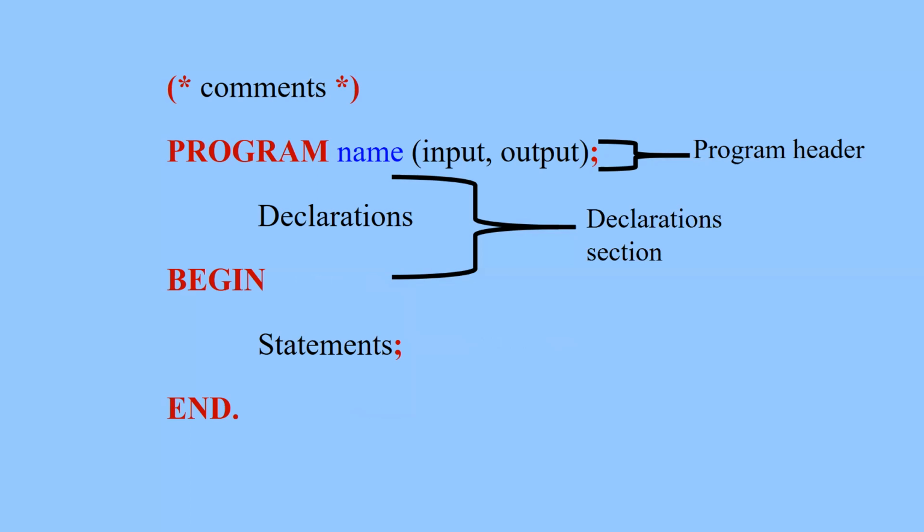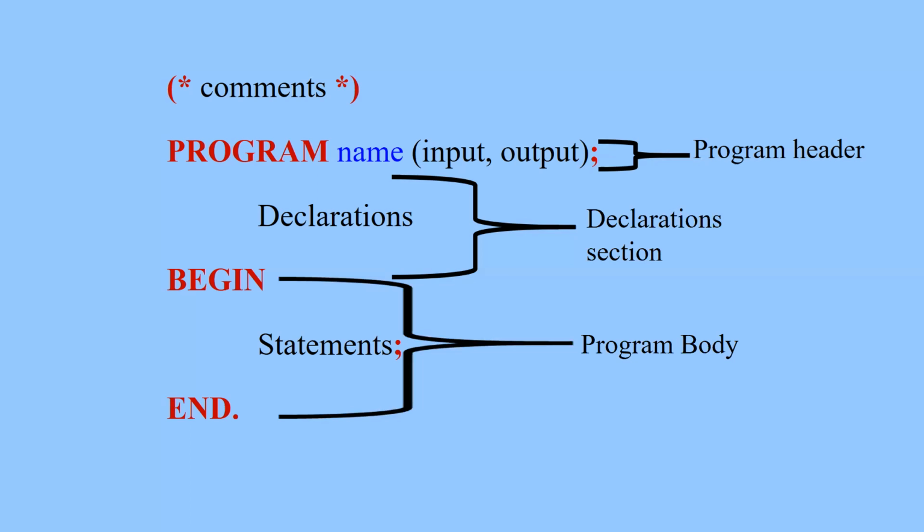We call it a period. This one is called the program body. When you combine the declarations section and the program body, we form what we call a block.